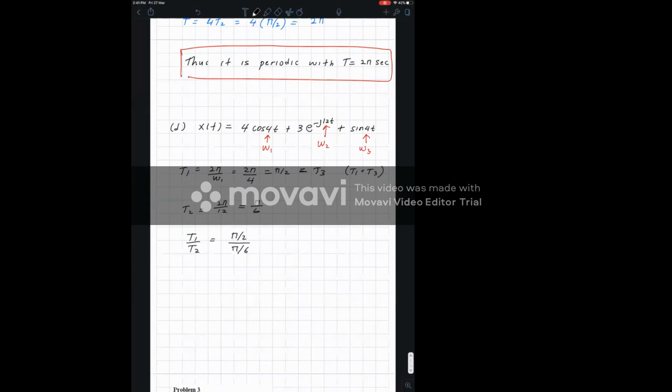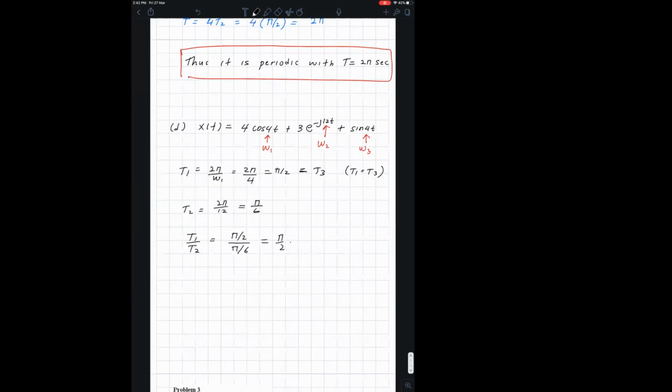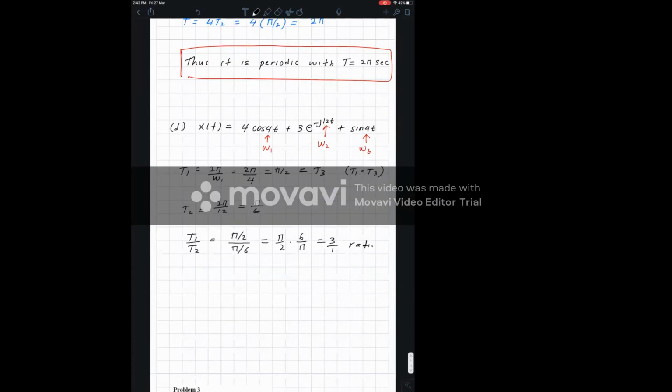Pi over 2 times 6 over pi, so it's 3 over 1, a rational number. Now in this case, what we do here is just cross multiplication.